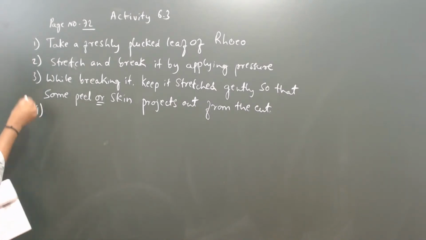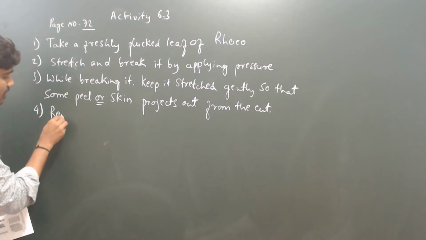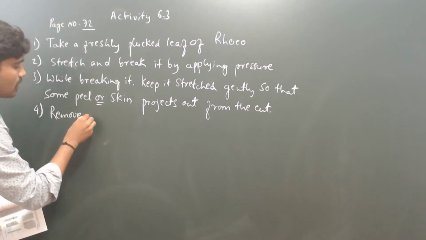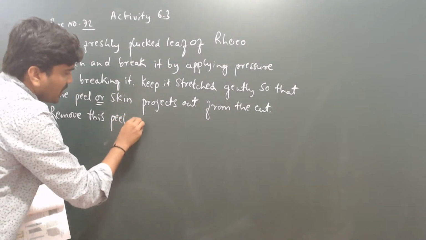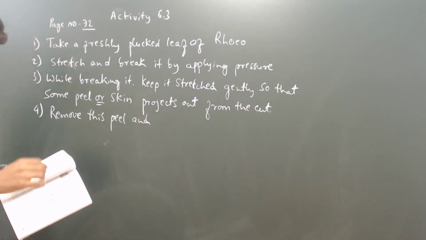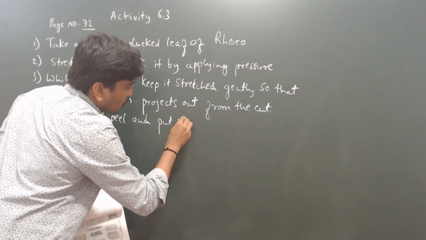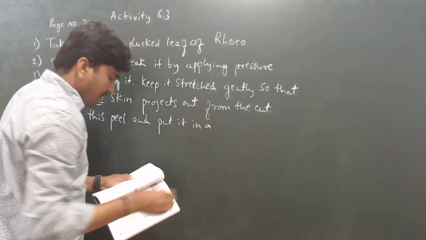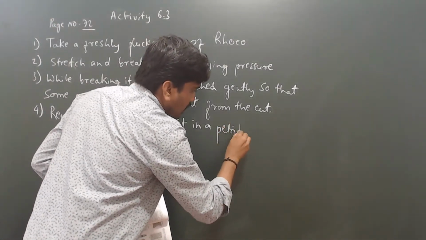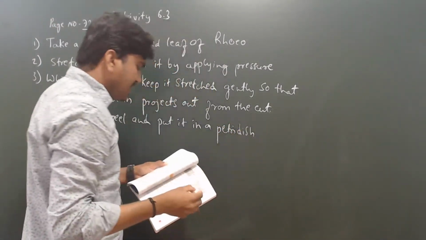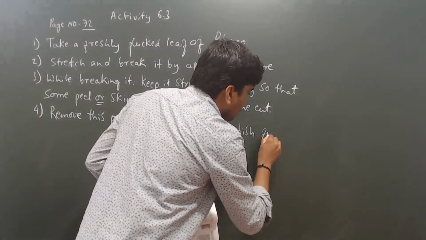Then next step, remove this peel and put it in a petri dish filled with water.